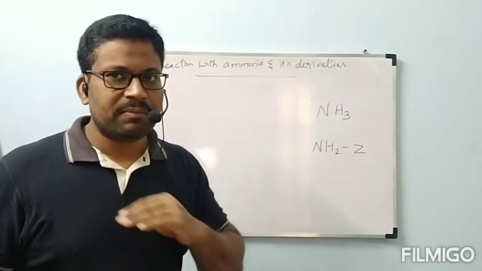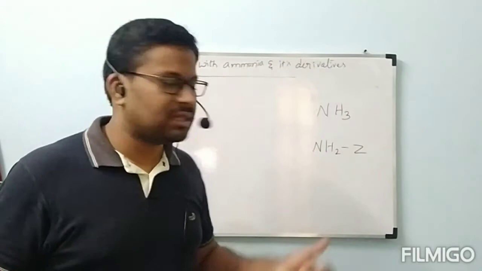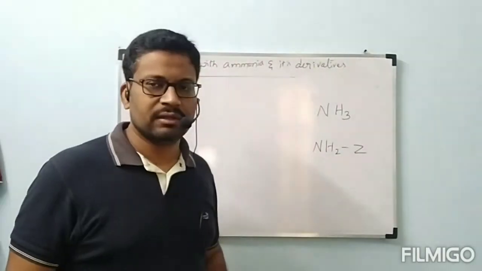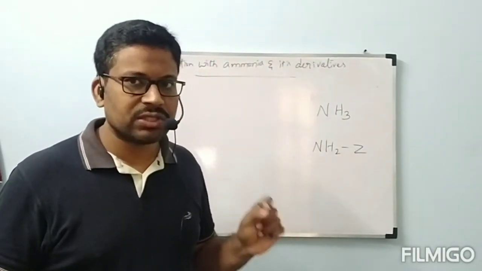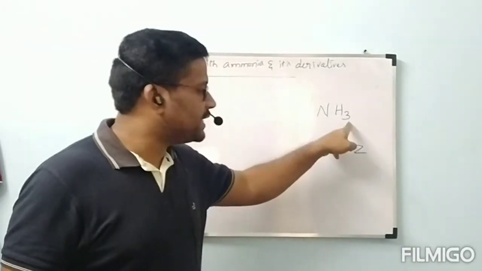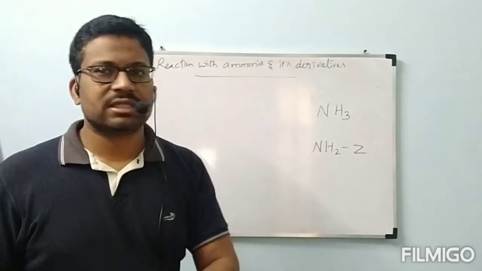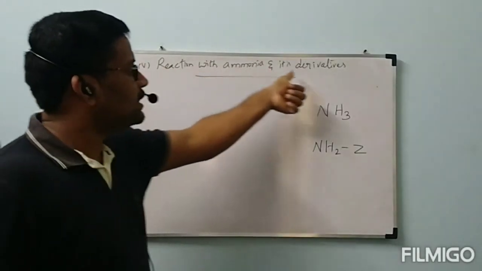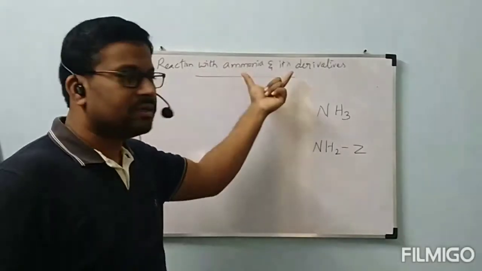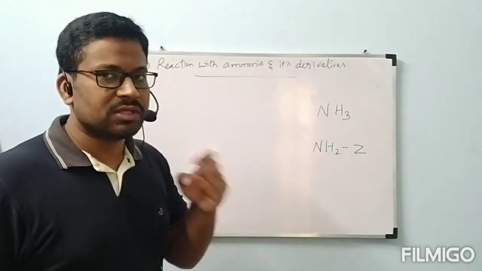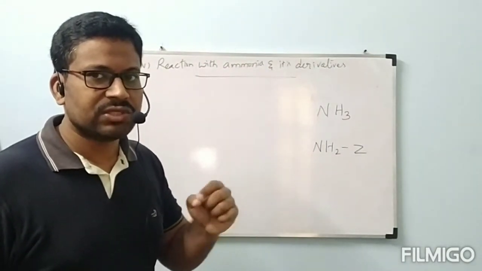That's why I am simply mentioning an overall reaction with only NH2Z. If Z is equal to H, that is called ammonia. Ammonia and derivatives I am commonly representing with one general formula, that is NH2Z.